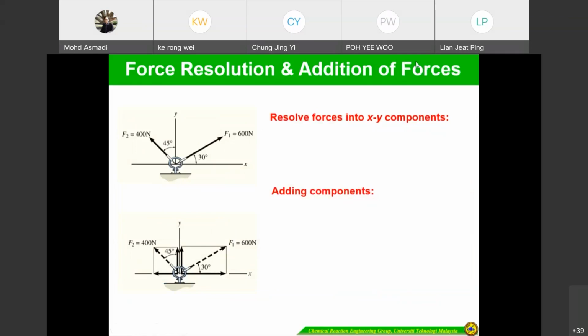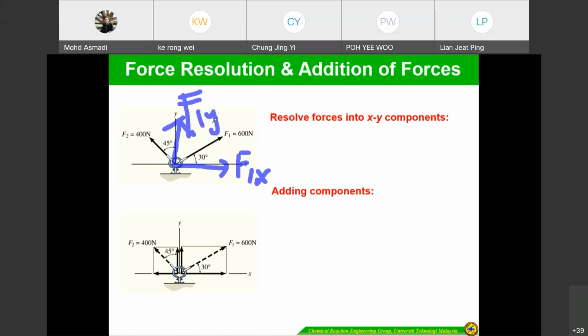If you look here, this one is F1x and this one is F1y.